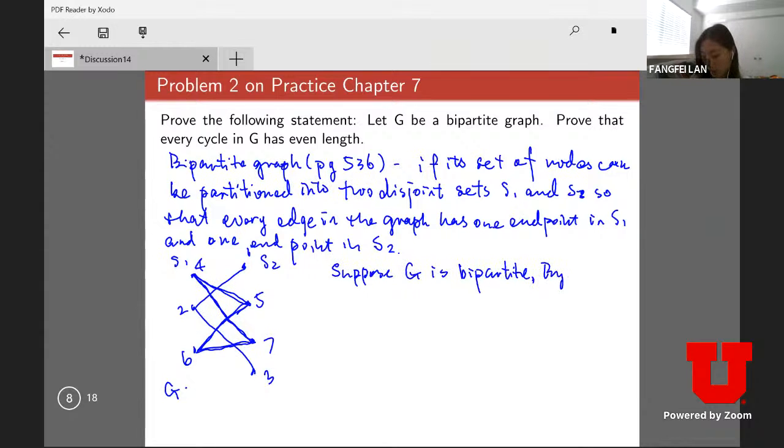Then by definition, the vertices in G form a partition V1 and V2.